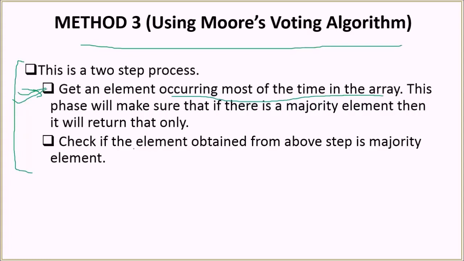In the next step, we just have to check whether this number, which we got from the first step, is the majority element or not. So we get a candidate from this step, a candidate to be the majority element, and then we check if it's a majority element or not.